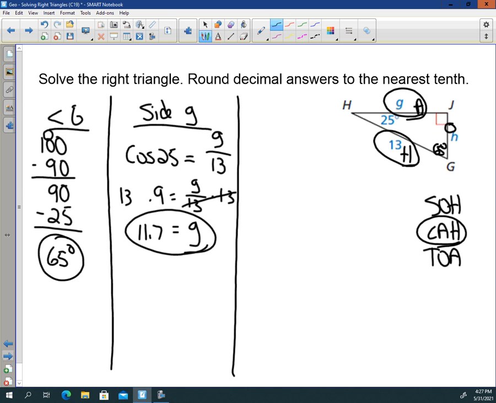Now I can find side H, get rid of a few things, make this a little prettier. I know that G is 11.7.